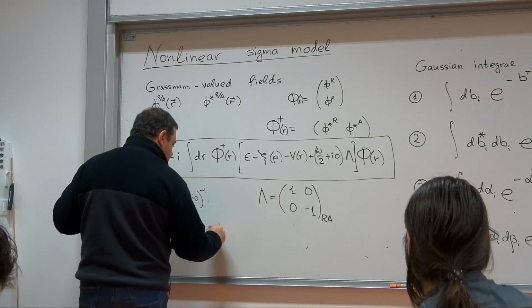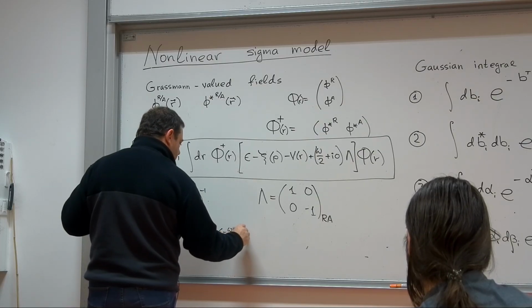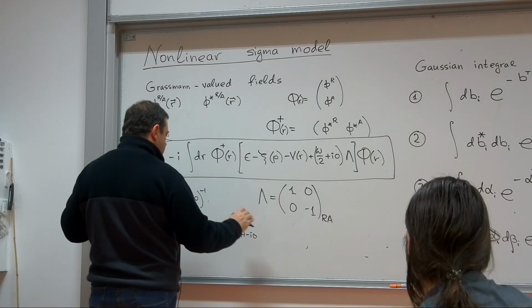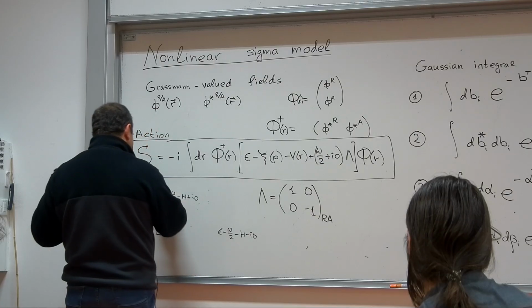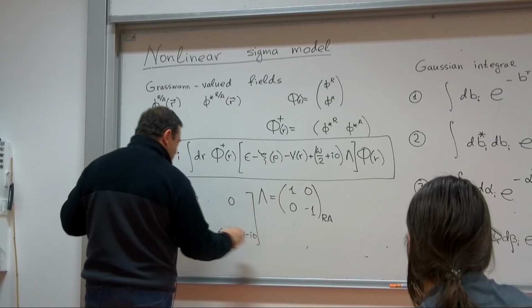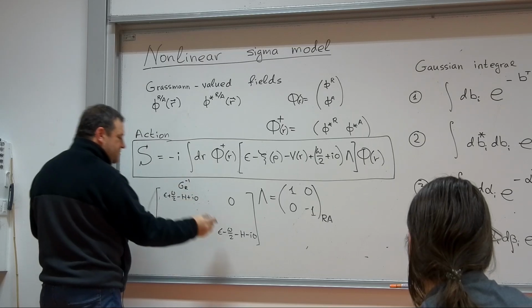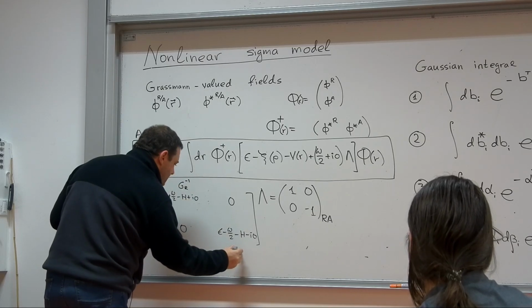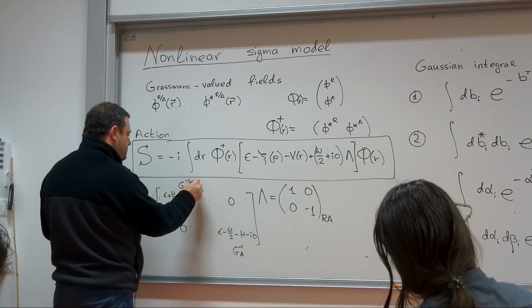And here I have epsilon minus omega over 2, minus h minus I0. Well, it's not inverse, sorry. It's not yet inversed. Yeah, this is my matrix. So this is like the inverse retarded function, and this is like the inverse advanced function, which are taken at two different energies.